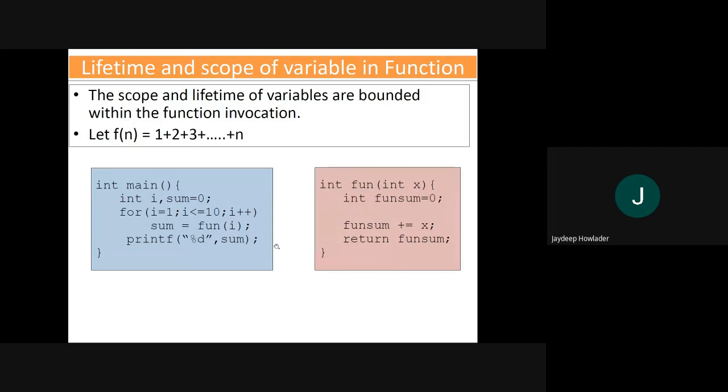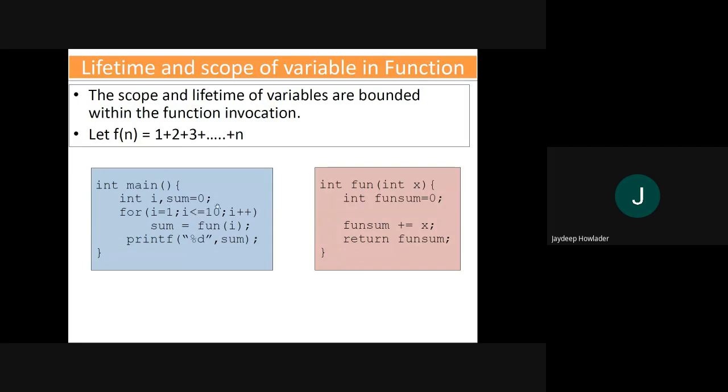Then what is the other part? The other part is that when the function call happens, every variable in main stays alive. Their scope is not available, but they are alive. So this sum will not be newly created when control returns from the function to main. This sum will remain because its lifetime is still valid.